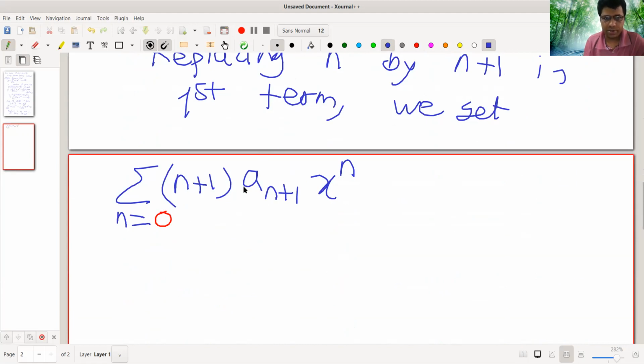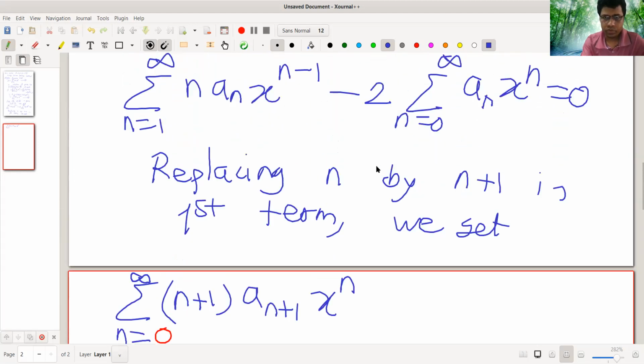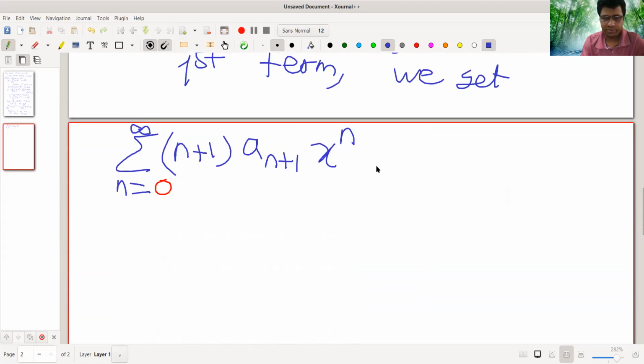So that the first term is a1, the second term is 2a2x and so on, minus 2 times summation an x raised to n, n equal to 0 to infinity, equal to 0.